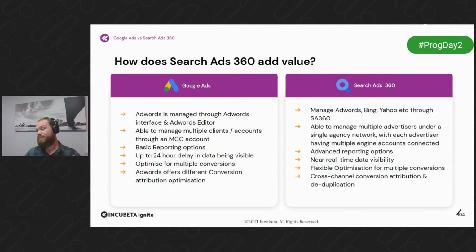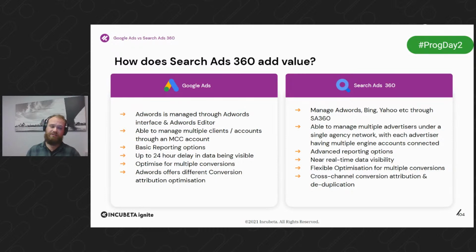It allows you to manage, like I said, multiple engines, so Google Ads or previously AdWords, Bing, Yahoo, etc. You're able to manage multiple advertisers under a single agency network. So if you have multiple business units under a single network, this is a really powerful tool for allowing those to work together.